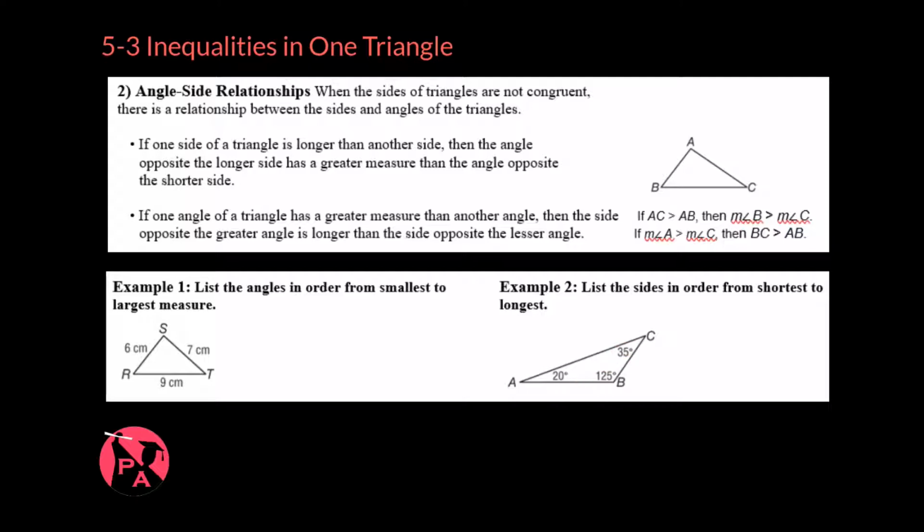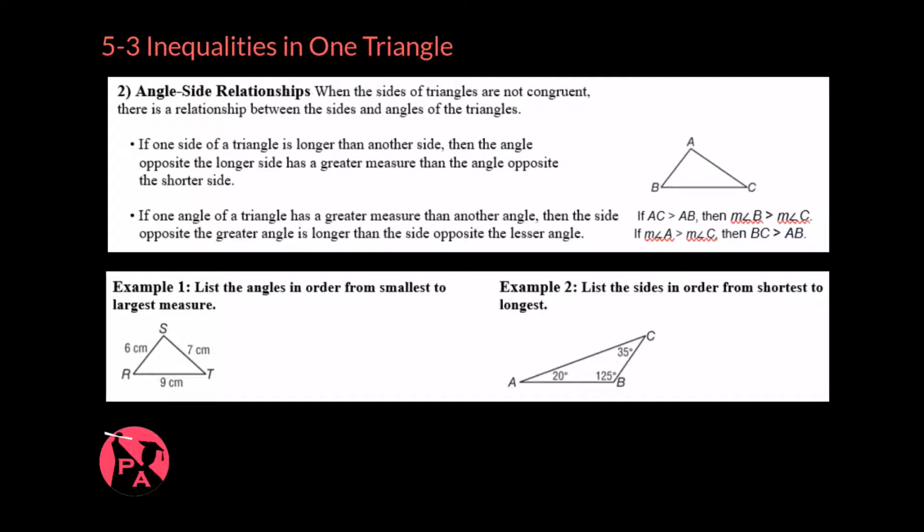For this one right here, side SR, which is 6, is related to the angle. This side, 7 centimeters, is related to angle R, and then angle S is related to side RT, which is 9 centimeters. They're not equal to each other, but the longer the side, the greater the angle. Or you can think the greater the angle, the longer the side across from it.